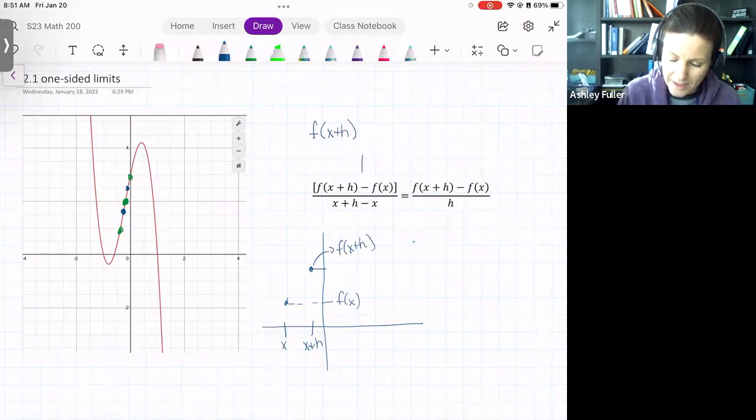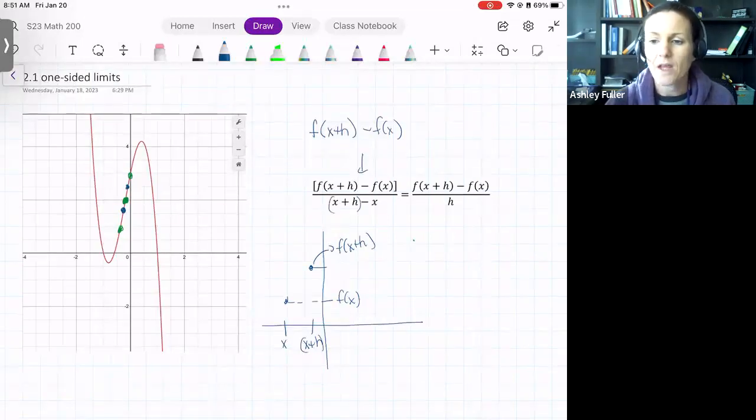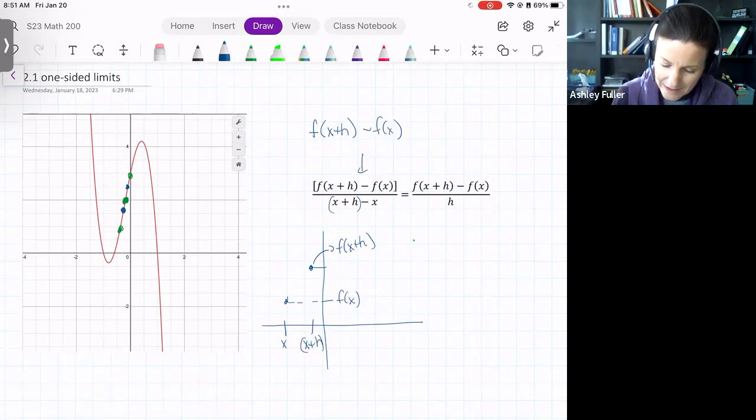And then we can subtract the two y values, and likewise the two x values we can also subtract. Well, what if we could make this h, because notice the x values disappear from each other, and so the slope then is this. What if we could make that h value smaller and smaller until eventually it reaches 0? Well, that leads us to the concept of a limit.